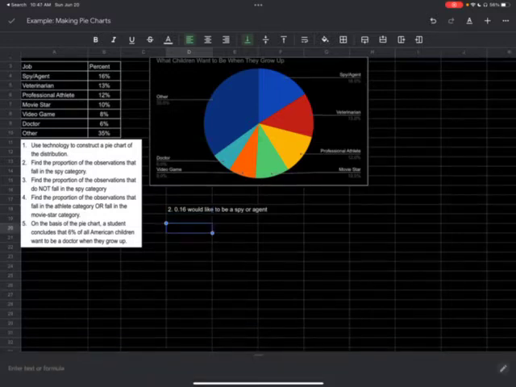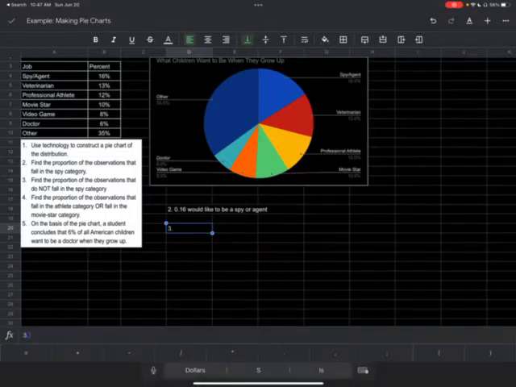Number 3. Find the proportion of operations that do not fall in the SPY category. So what we can do there is just subtract SPYs from the number 1. Remember, all of them add up to 100%, which is one whole thing. So we're just going to take 1 and subtract that 0.16.